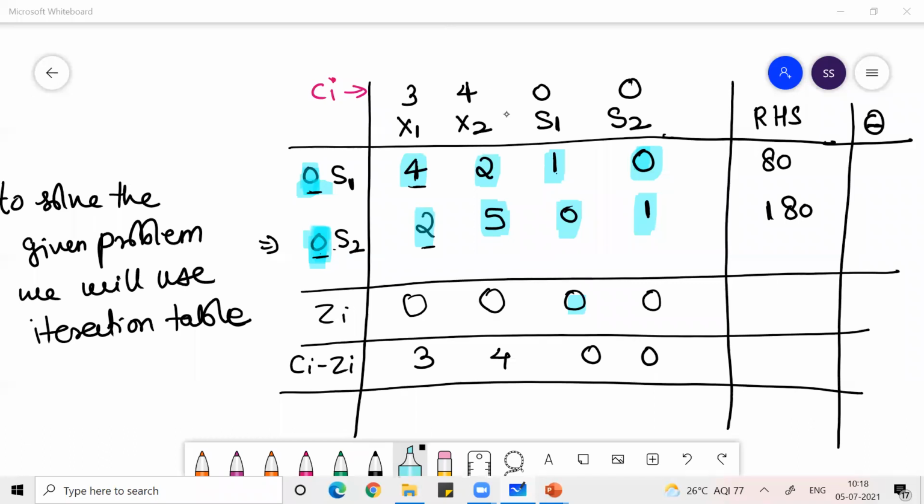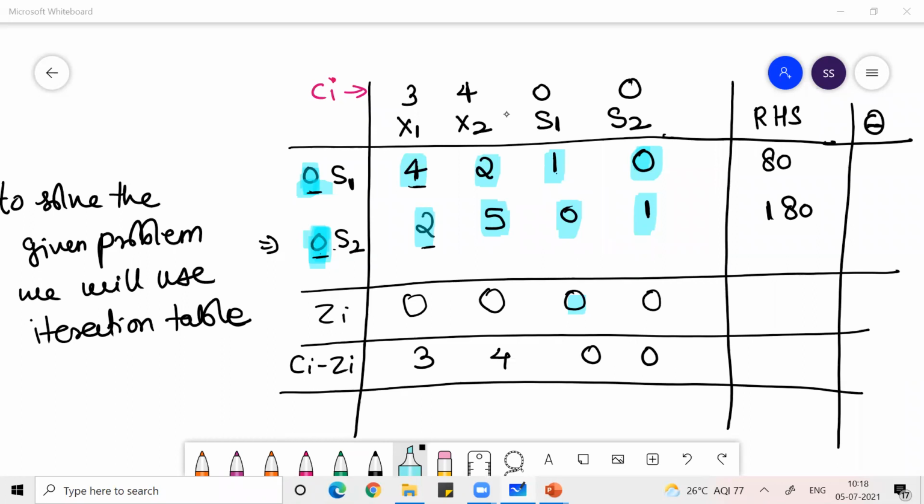So once you get Zi, then do Ci minus Zi. We'll do this process till we get all Ci minus Zi either 0 or negative.